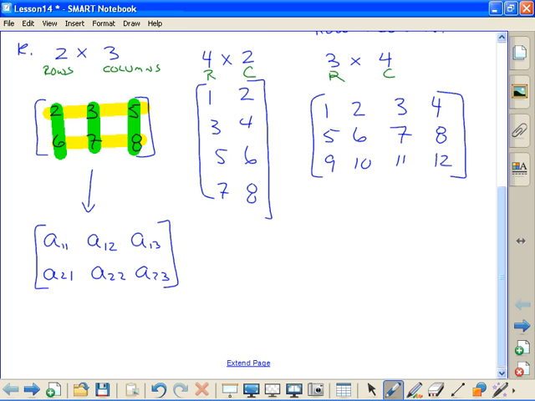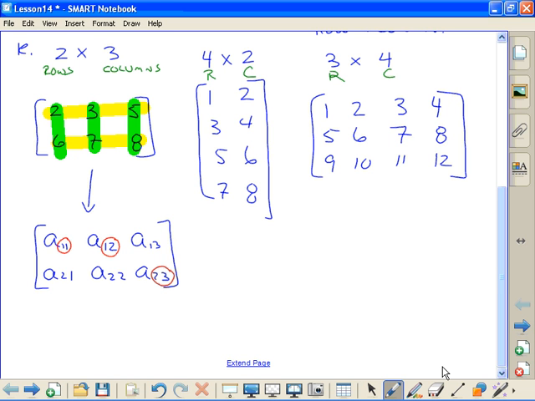Each number inside a matrix is given an address. So A11, the 1,1 gives you row, column. It tells you row 1, column 1. For A12, I'm in row 1, column 2. For A23, I'm in row 2, column 3. So it's like playing Battleship. You're given a location as to where to go.